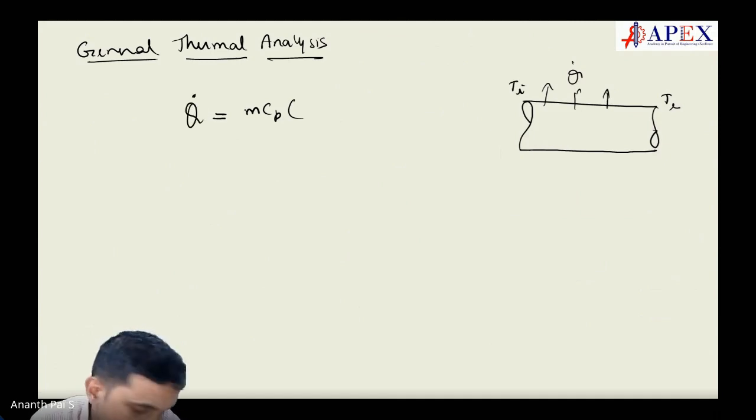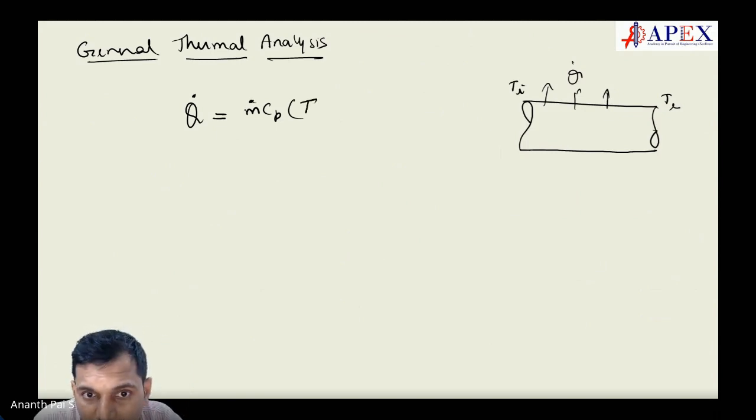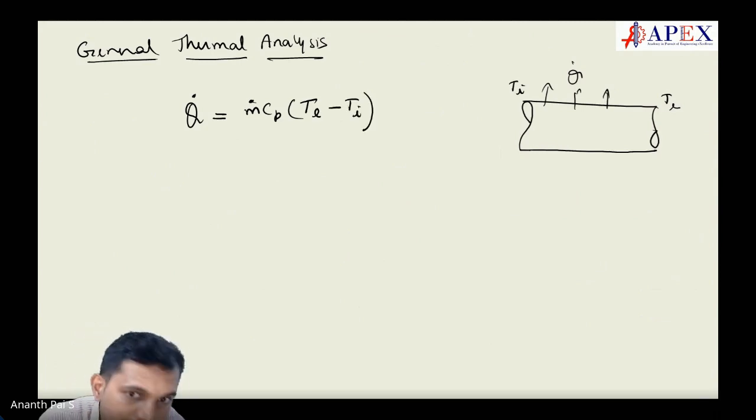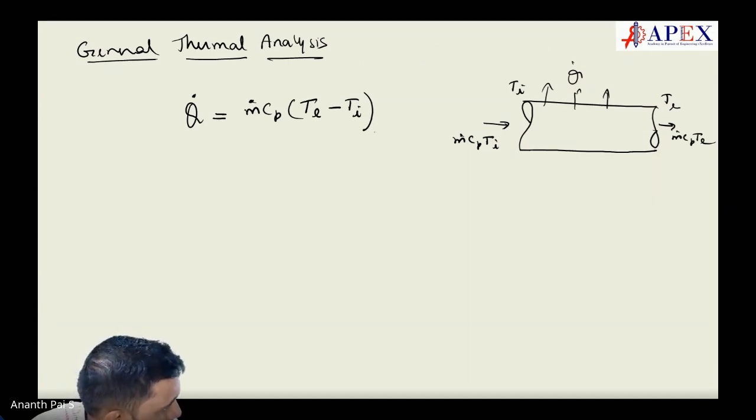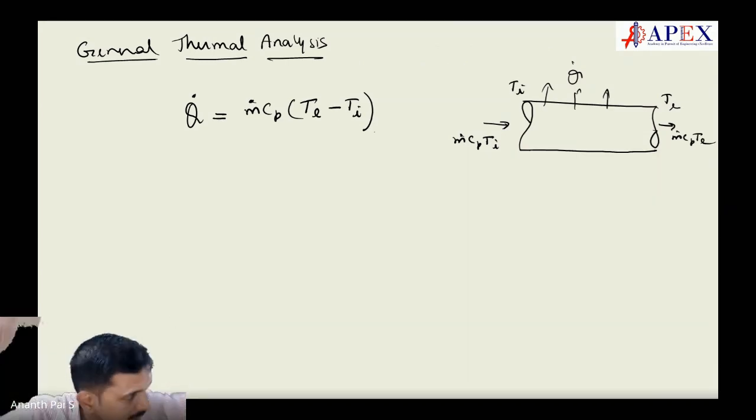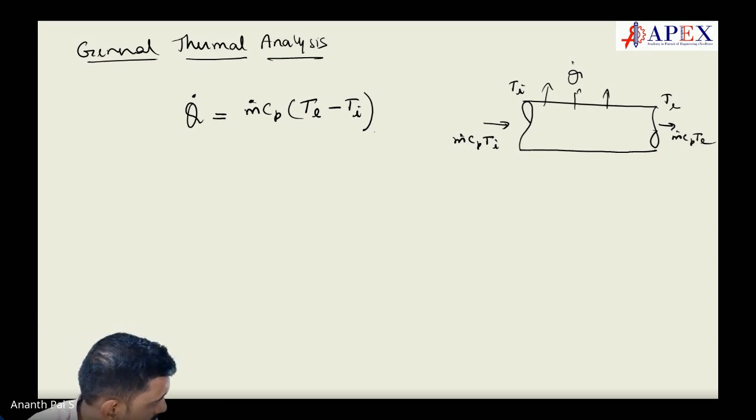It is M dot Cp into (T exit minus T initial). Correct? That would be the total heat transfer, is it not? So what heat is going in here is M dot Cp T I, and what is going out here is M dot Cp T E. Make sense? The difference is going through the walls, is it not? Yes or no?